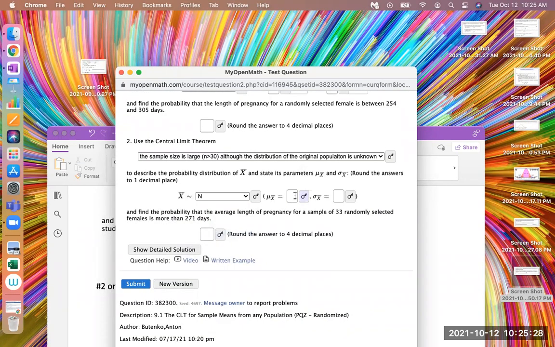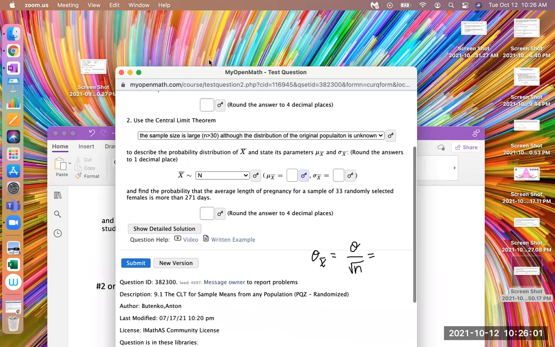Then this is the big formula we have to remember: the standard deviation of the sampling distribution is equal to the original standard deviation divided by the square root of n. The original standard deviation is 14.4.